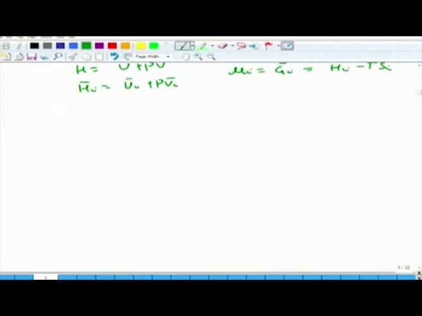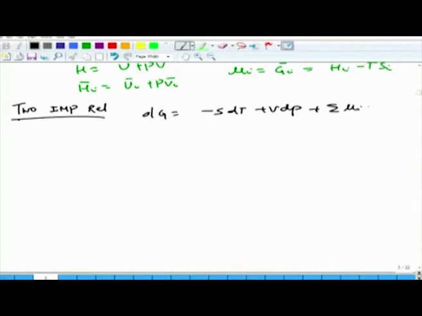I can try to exploit this to get an expression of the partial derivative of mu in terms of the variables which are experimentally accessible. So, let me come up with two important relations. Let me start with dG is equal to minus S dT plus V dP plus summation mu i dn i.